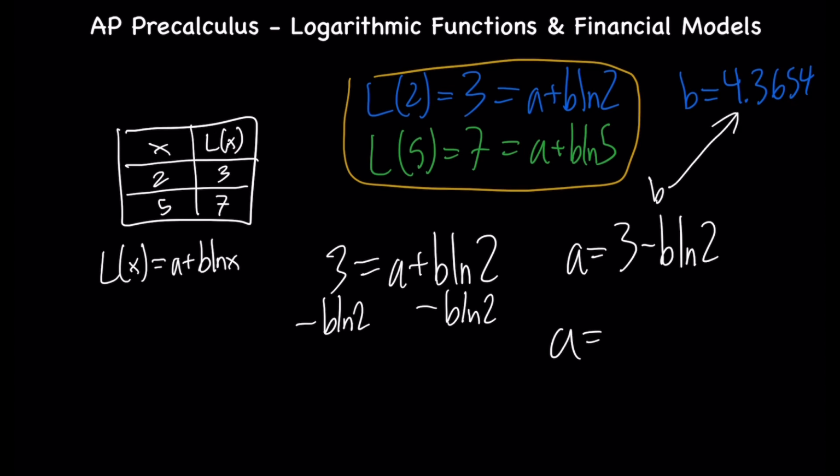You can just plug this in. 3 minus 4.3564, no, what am I saying? 4.3654 ln 2. And you will end up with negative 0.0258.